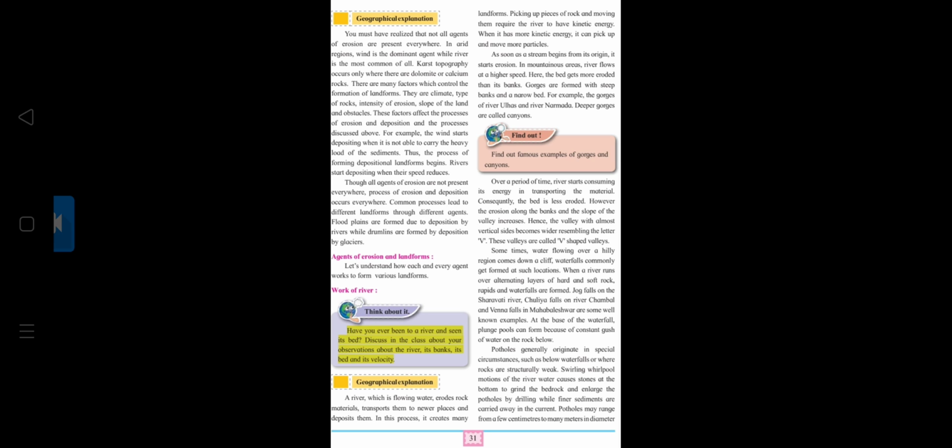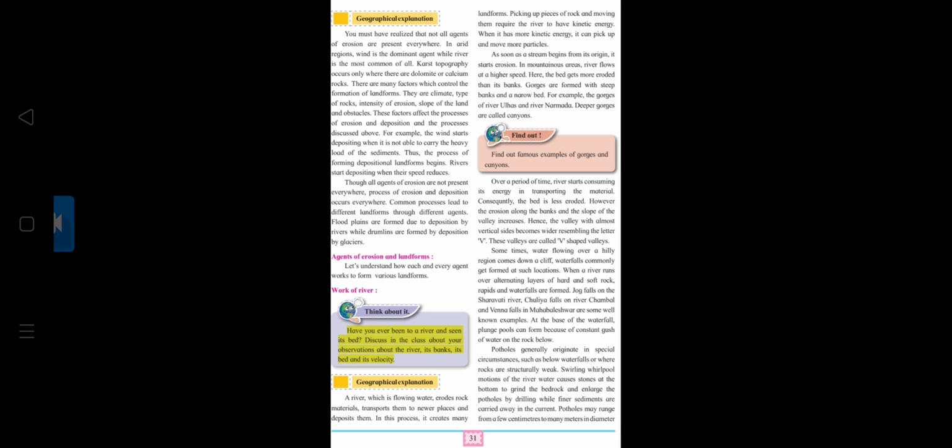A river, which is flowing water, erodes rock materials, transports them to newer places and deposits them. In this process, it creates many landforms. Picking up pieces of rocks and moving them requires the river to have kinetic energy, energy in motion. When it has more kinetic energy, it can pick up and move more particles.